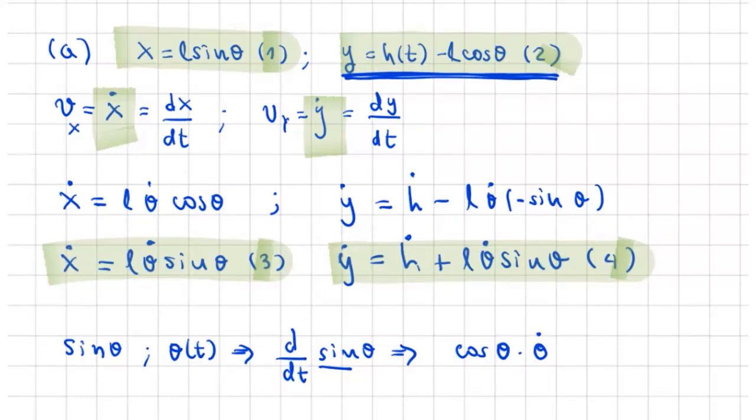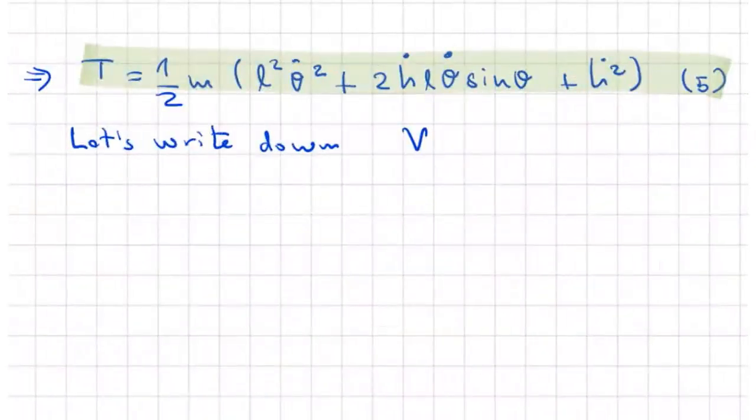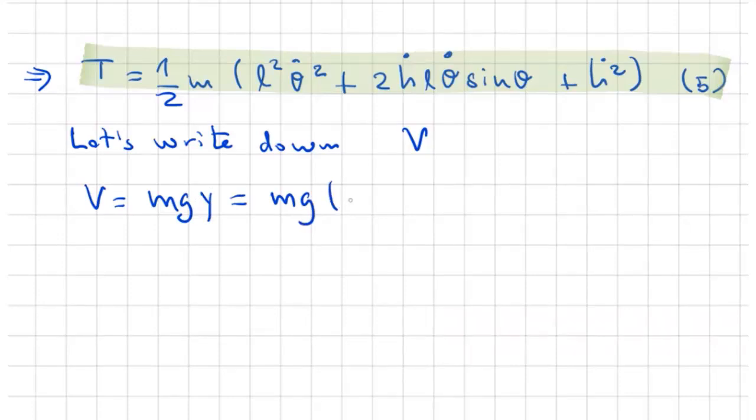Okay, so we come back to our page and we write down our potential energy as V equal to mgy equal to mg times h minus L cosine of theta. Okay, and this is our equation number 6.